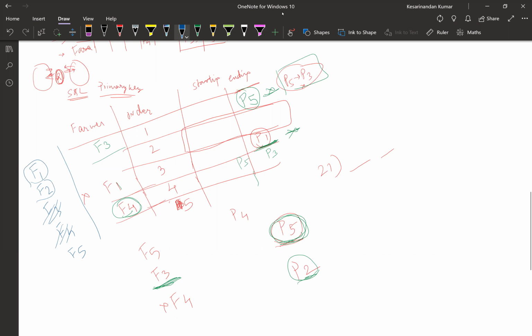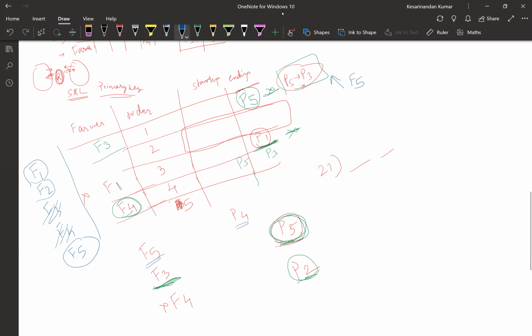Now we have F2 and F5. For F5, the starting position is P4. So F5 will naturally, F5, where did it go? Yeah, F5 won't be here.